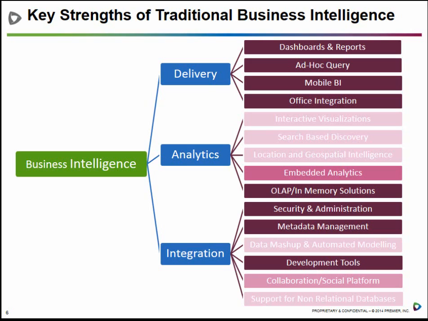What's very good with self-service BI and not very good with traditional BI is data mashups, right? And automated modeling. Now, this is probably one of the best features that Tableau and QlikView and other tools like Spotfire offer, that you can do ETL within your BI tool in some sense.